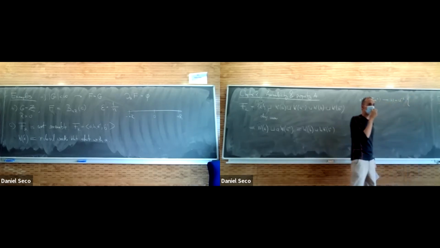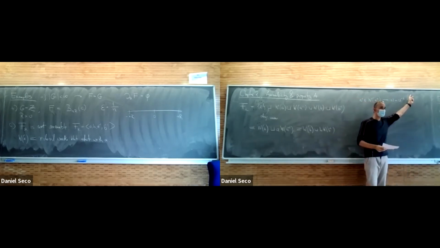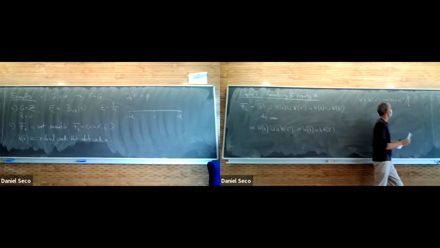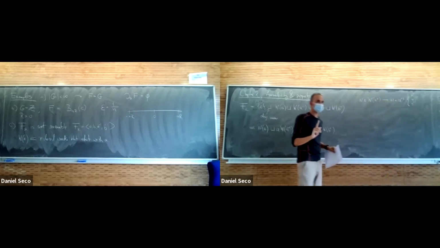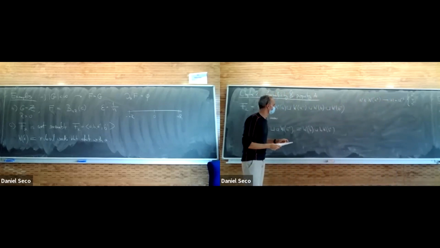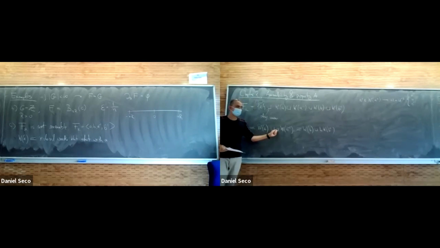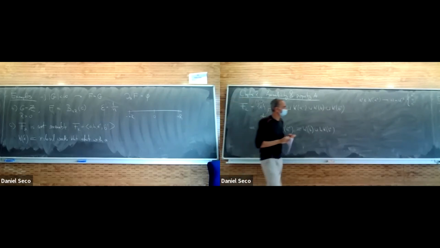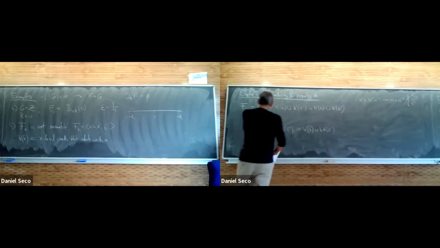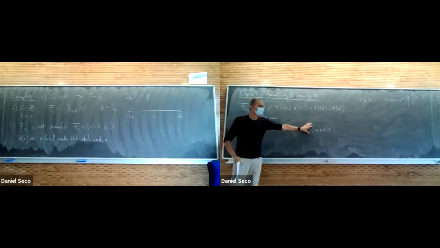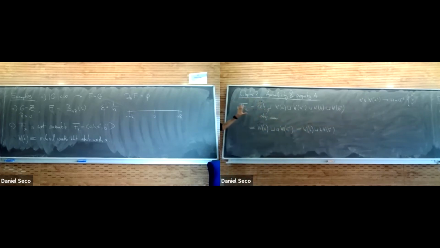And since the word is reduced, I cannot have an A here. I can have an A inverse, or a B inverse, but not an A, because it's reduced. And so if I multiply this word with A, I'm sure that I'm not starting with A. So this is another decomposition. Yeah? The same group. Yeah?